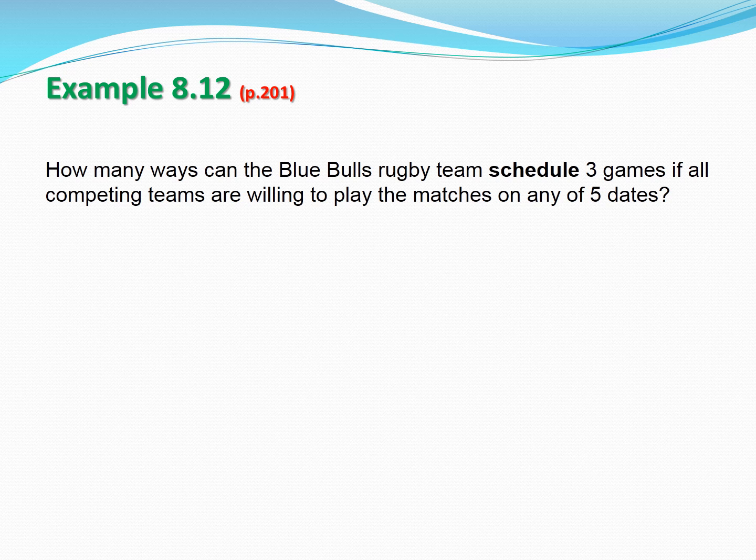So my N is going to be 5, since I have 5 dates in total, and my R is going to be 3 games then. So we want to determine 5 permutation 3, so we will have 60 possible ways in total.